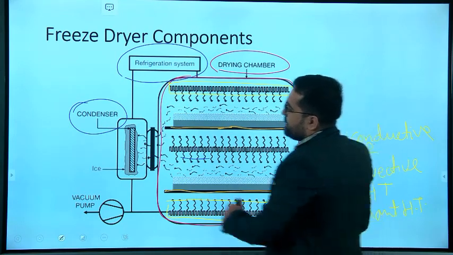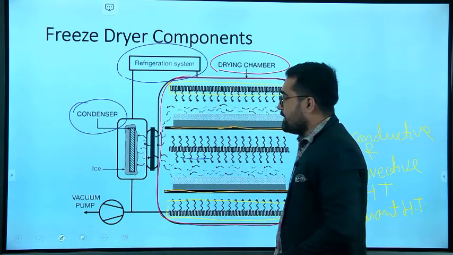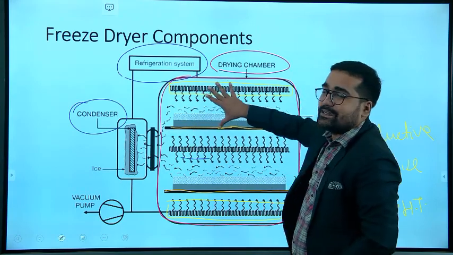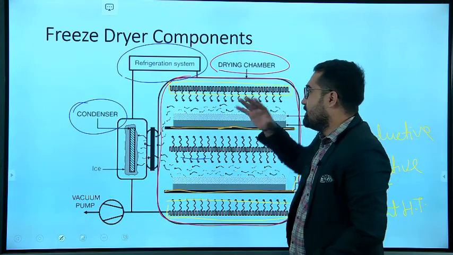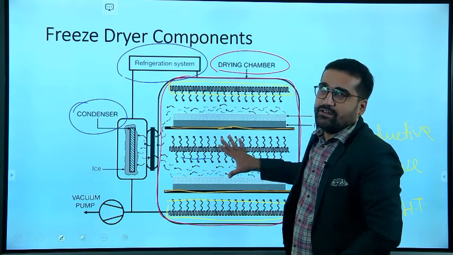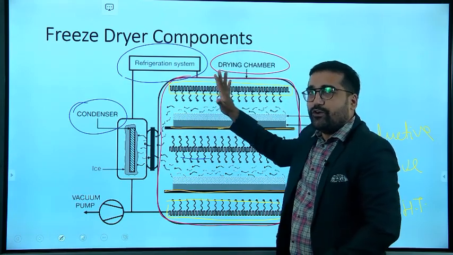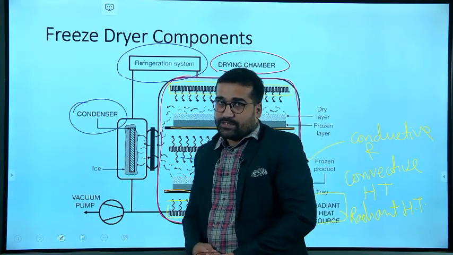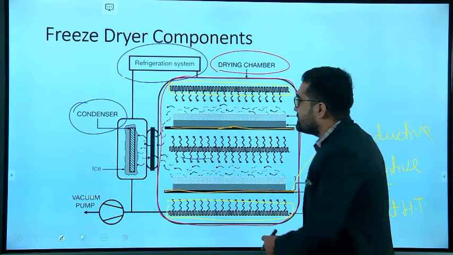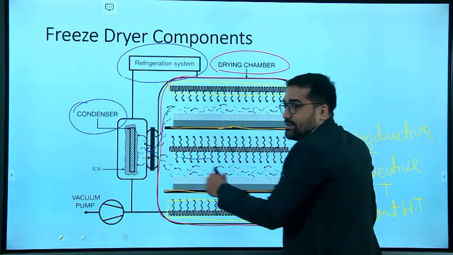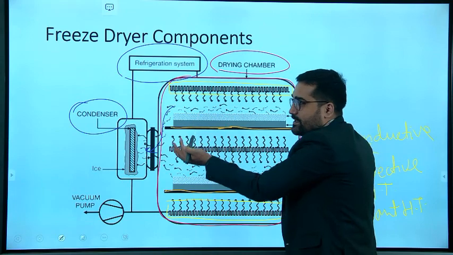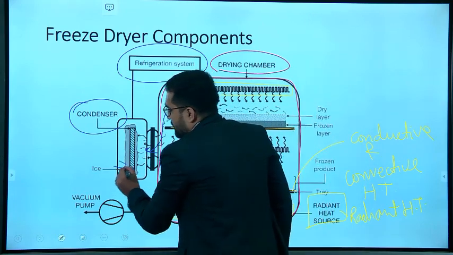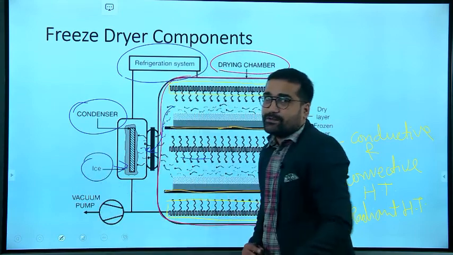For that we need a condenser. Generally the drying chamber is kept below 4 degrees Celsius. So the air coming out is already cooled. For condensing that cooled air, what do we need? We need ice. So this condenser is generally the ice type condenser.